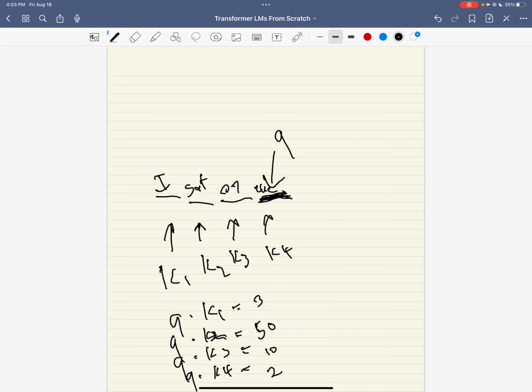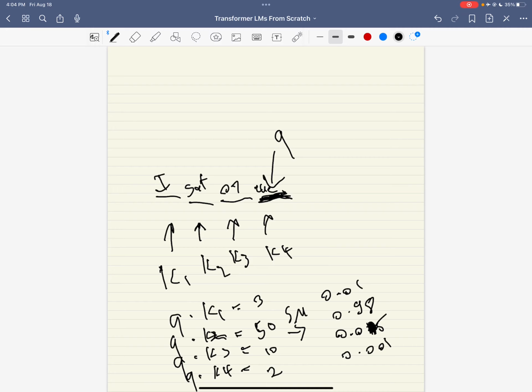I don't know. And then we're going to softmax these values. I don't really know how to do mental math, but it's going to be something like 0.01, 0.98, and so on. Whatever.